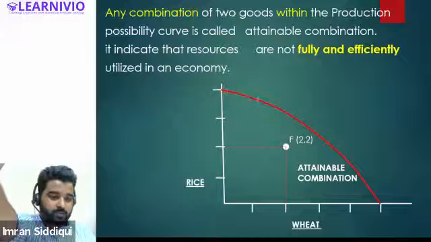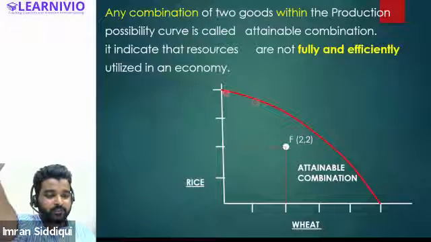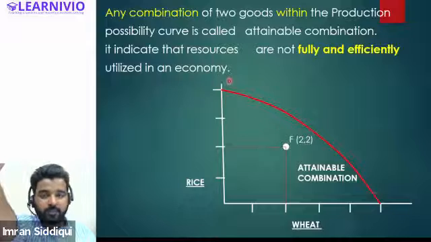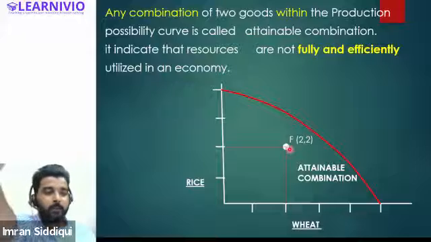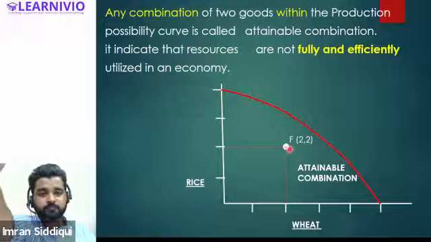Suppose this is the production possibility curve, so this line basically indicates the maximum capacity of a producer. Using all of his resources, the producer can reach this line. On any combination on this particular line, the producer is able to reach this point, right? But if a producer is operating within the production possibility curve, this basically means the producer is not utilizing his resources efficiently or effectively.